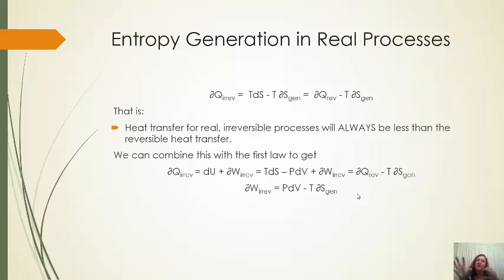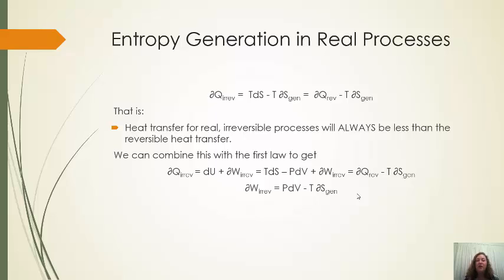If I have one piece bigger than the other, on the side that's smaller, just add a little something positive. And that's what we call entropy generation. In a reversible process, the entropy generation will be zero, but for others, entropy generation is always something positive.